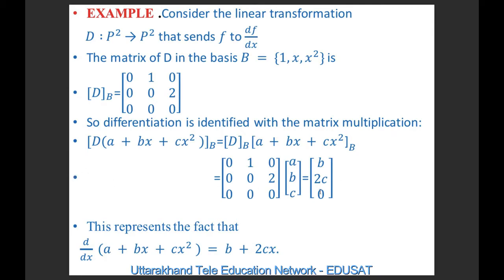So we have obtained b, 2c, 0. It is a column matrix of order 3 by 1. This represents the fact that the derivative of a plus bx plus cx square is nothing but b plus 2cx.